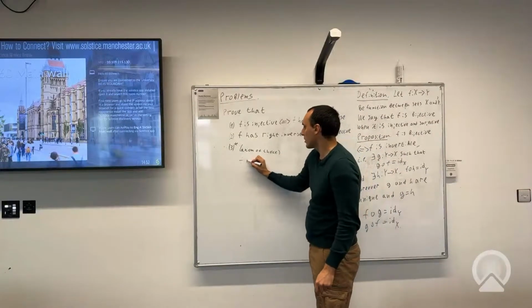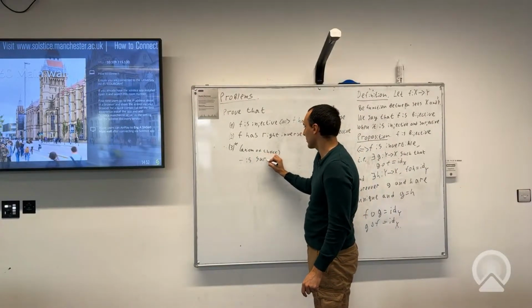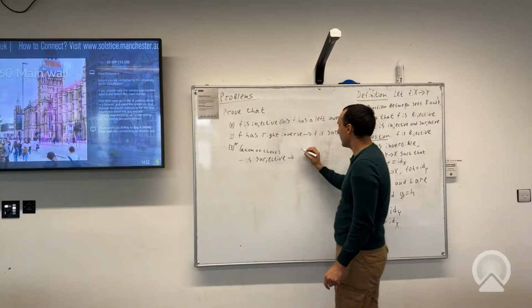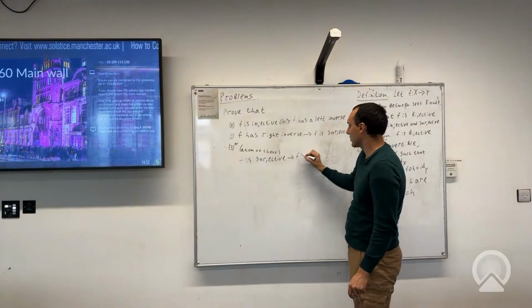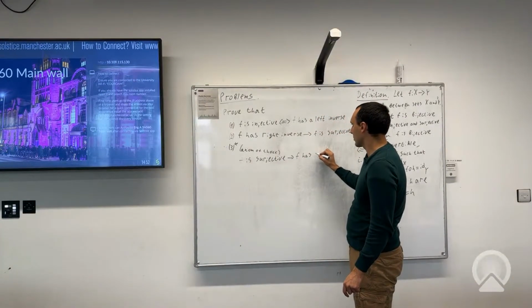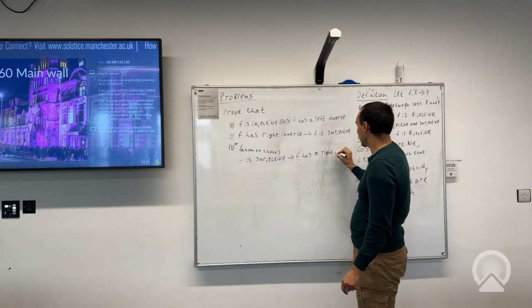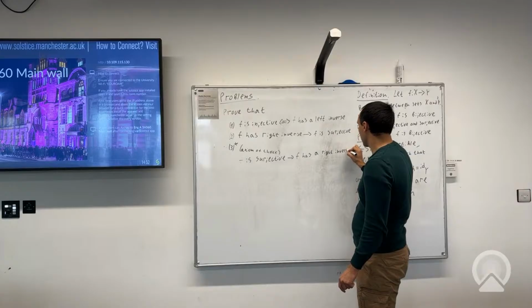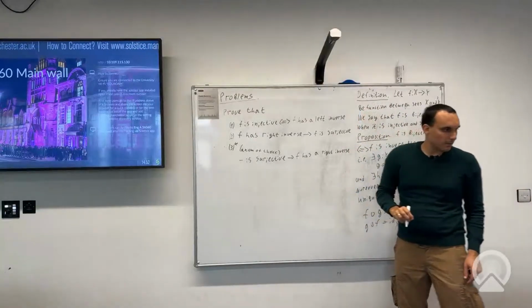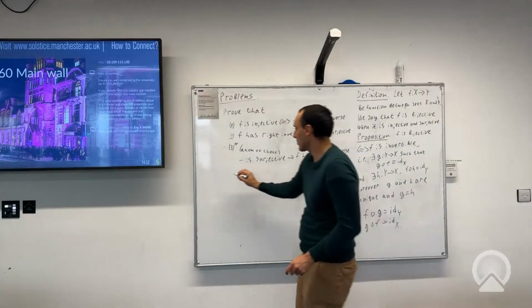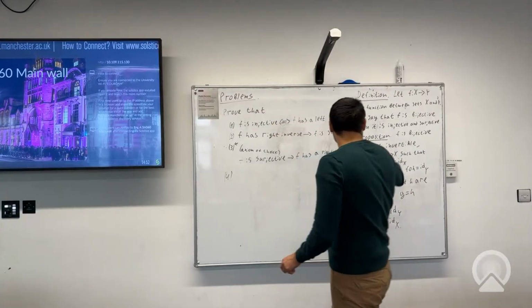If F is surjective, then F has a right inverse.